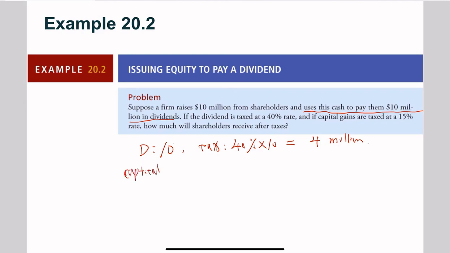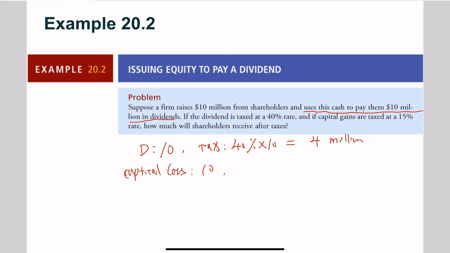So the capital loss would also be $10 million. Again, this is because if the firm pays out $10 million as a dividend, then the firm's value of equity will drop exactly by $10 million. And this drop will generate a capital loss from shareholders' perspective. The idea is like this.